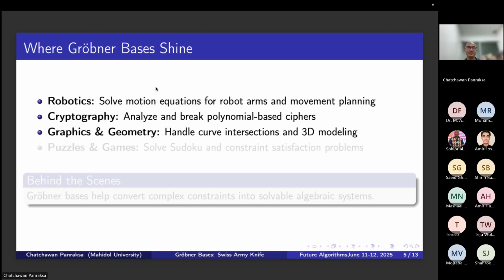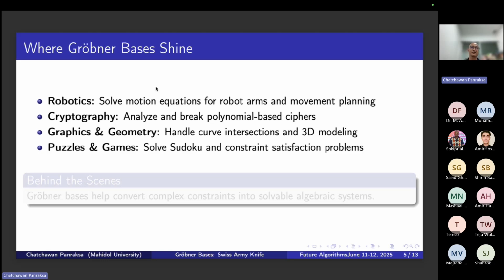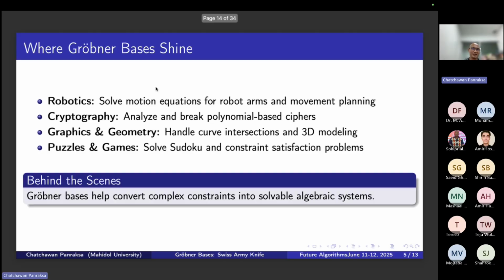And yes, they can even solve Sudoku and other constraint satisfaction problems. All in all, Gröbner bases can help us convert complex constraints into solvable algebraic systems. They rewrite the set of polynomials into a form that is easier to use.